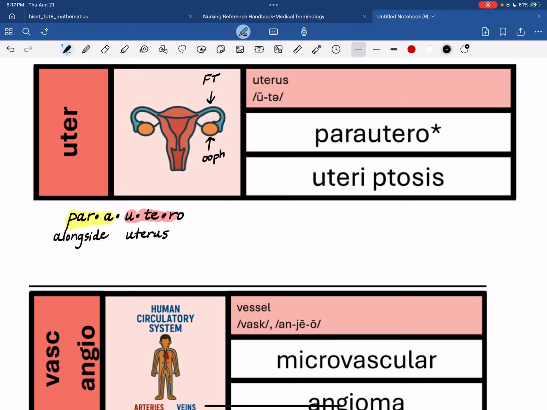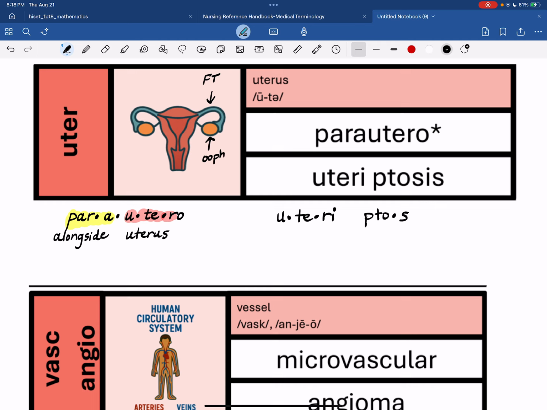Uteri, uteri, and remember ptosis, the P is silent, so you can just not say the P. Uteritosis. And actually, let me just stick to my pattern here.